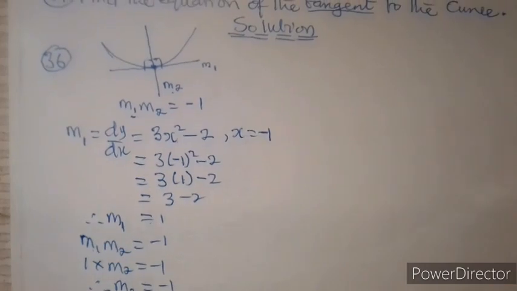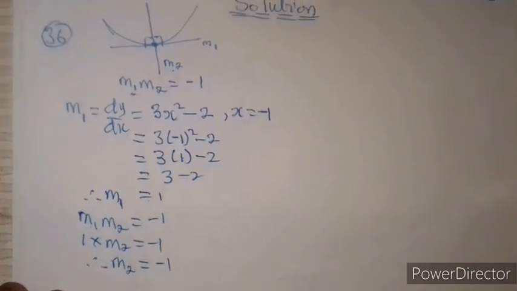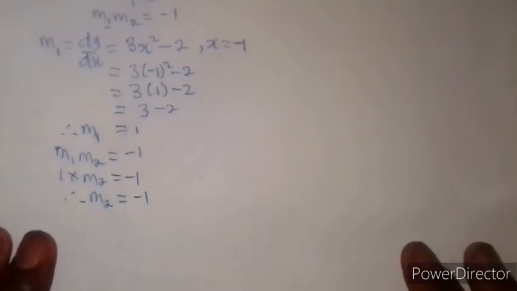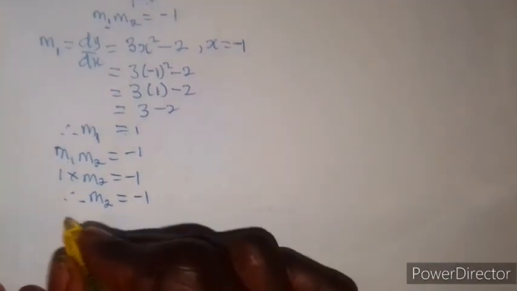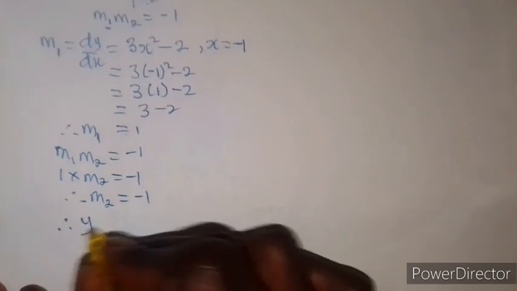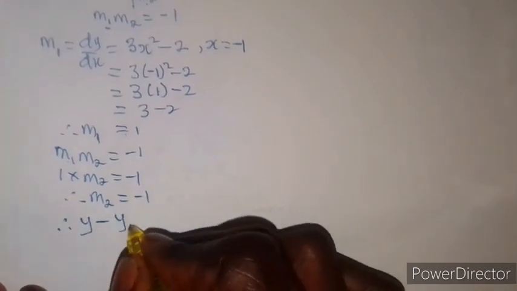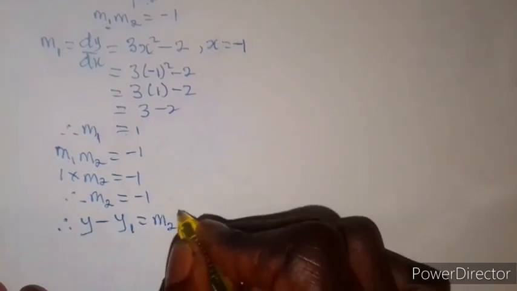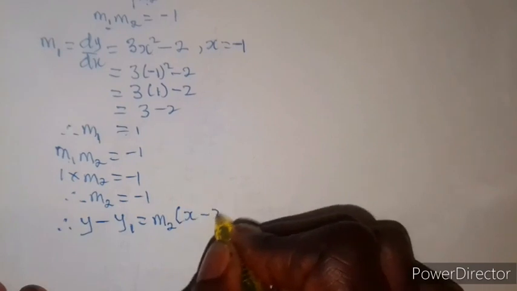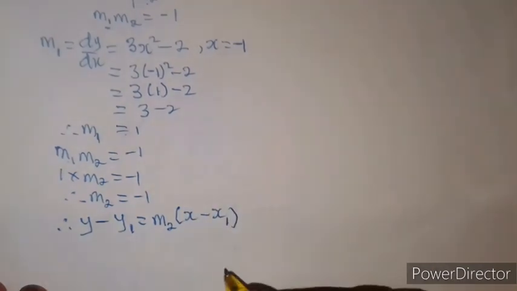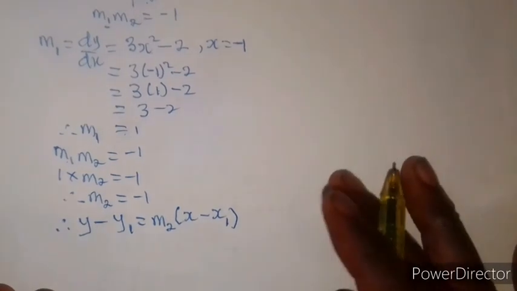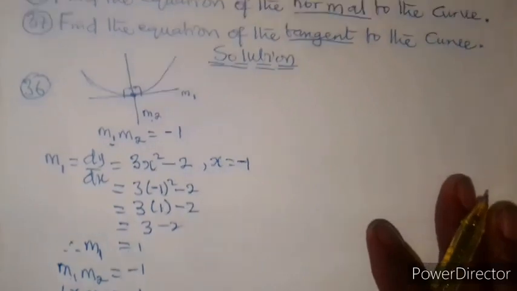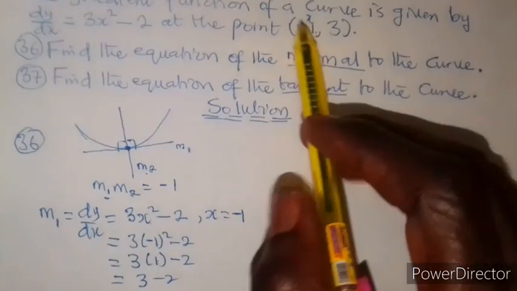So now that we know the value for m2 as minus 1, how can we get the equation of the normal? We can get the equation of the normal by, first of all, writing the equation of a straight line, which is y minus y sub 1 equals m, in this case m sub 2, times the bracket x minus x sub 1. And you may want to say, where do we get our y sub 1 and x sub 1 from? You don't need to panic, because right here in the question, it is given to us.